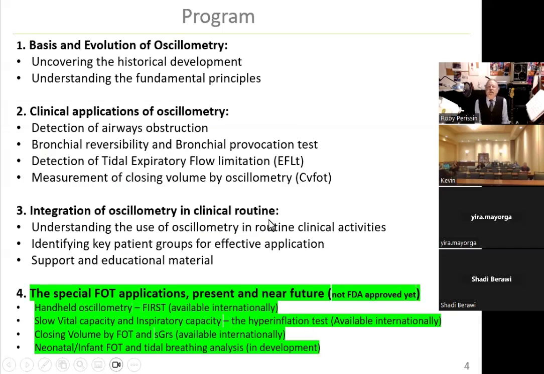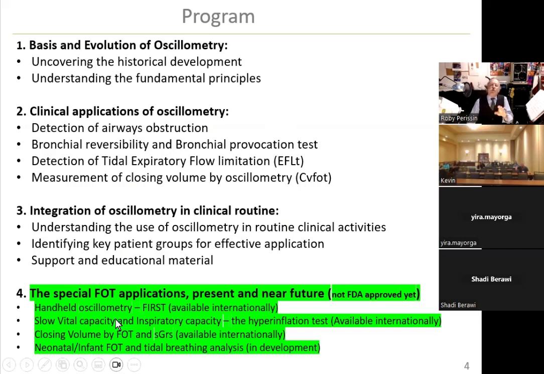The program is rather simple. It's basically in 3 sections: the basis and the evolution of oscillometry, the clinical applications, which is ultimately what you are going to be interested in for your daily clinical practice, and of course, last but not least, integrating the oscillometry test into your clinical routine.